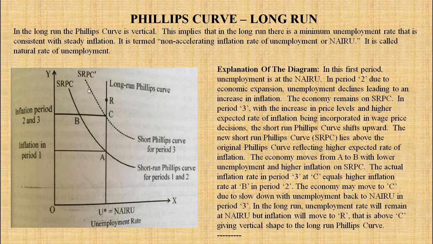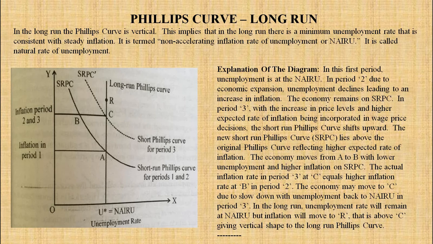This is showing a higher rate of inflation. The economy moves from A to B with lower unemployment. From A to B, it is showing lower unemployment and higher inflation on the SRPC, the short run Phillips curve.